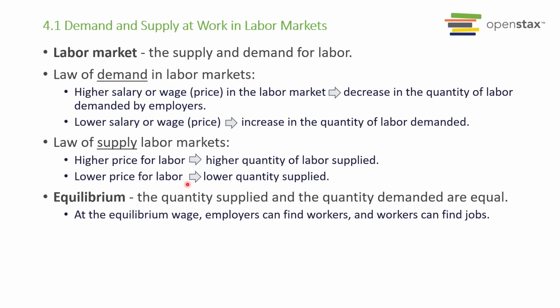If it's low enough, you might even take it upon yourself to immigrate to another country, all right? And equilibrium is essentially where the law of demand and the law of supply sort of coexist together. In other words, the quantity of labor demanded is equal to the quantity of labor supplied, and there's a specific price at which that happens. All right.